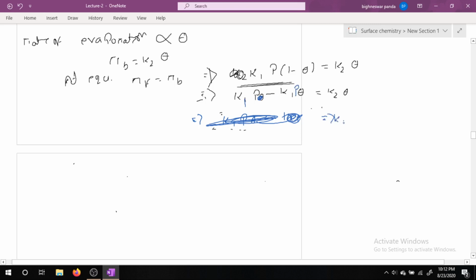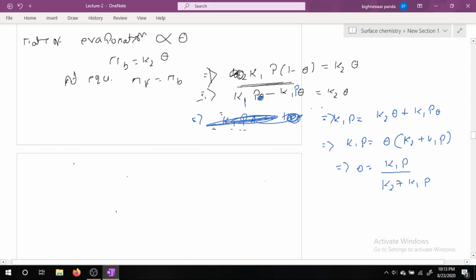So K1 P is equal to K2 theta plus K1 P theta, and K1 P is equal to theta common, K2 plus K1 P, and theta is equal to K1 P by K2 plus K1 P.